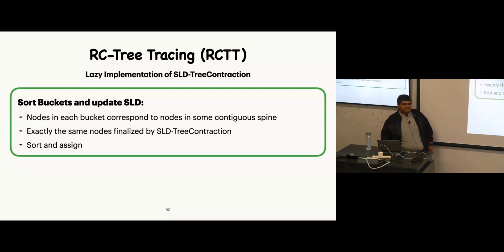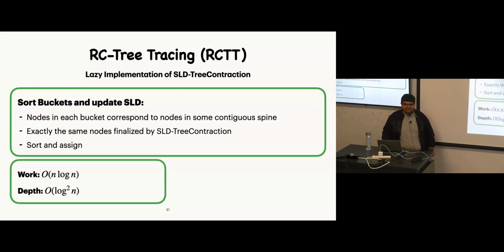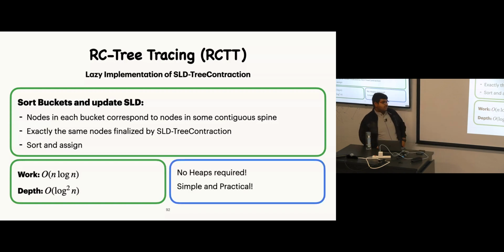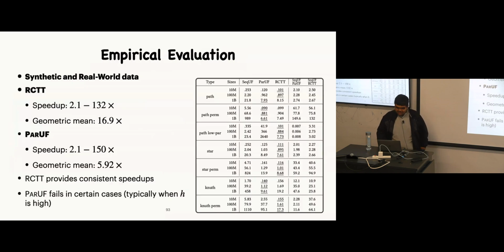I know I went through this very quickly, but it turns out this algorithm is pretty fast in practice. It doesn't require us to use heaps anymore, and it's pretty simple. And these are the few experimental results that we have. We look at different types of graphs and also ways of assigning the edge weights. We typically just assign some sort of permutation on the edges.